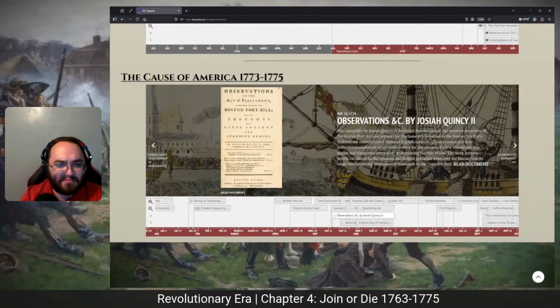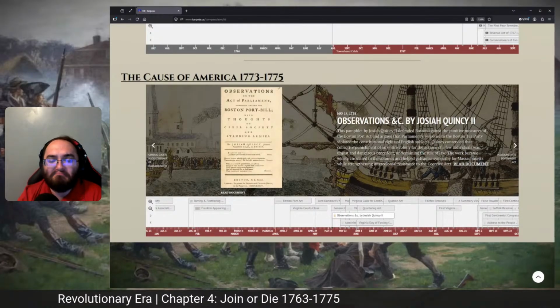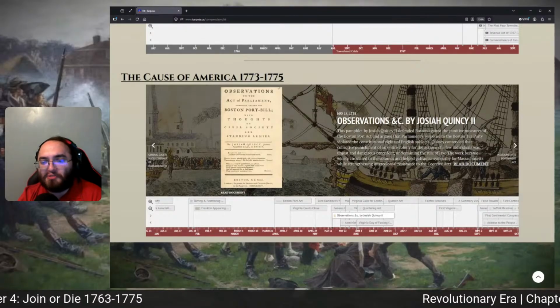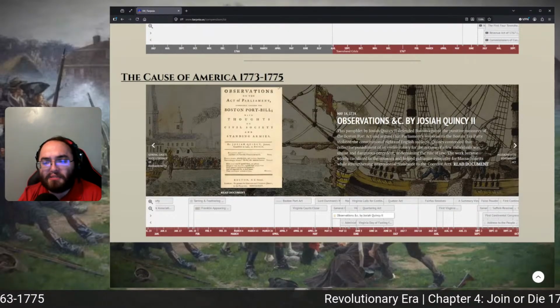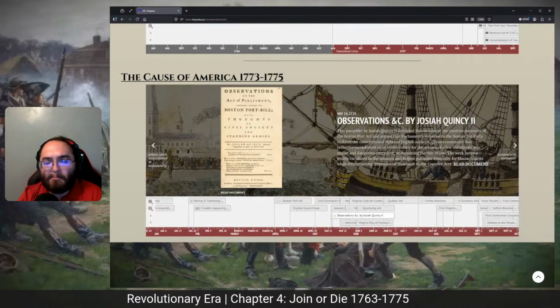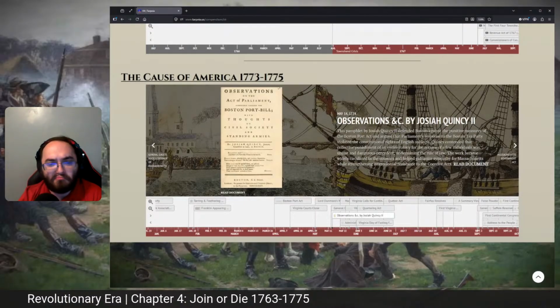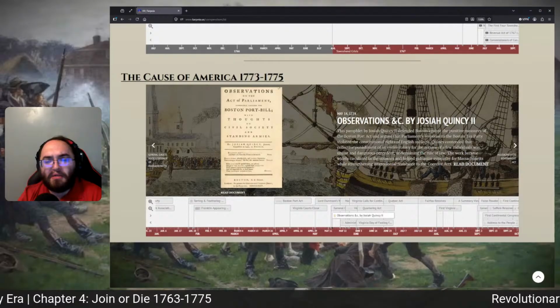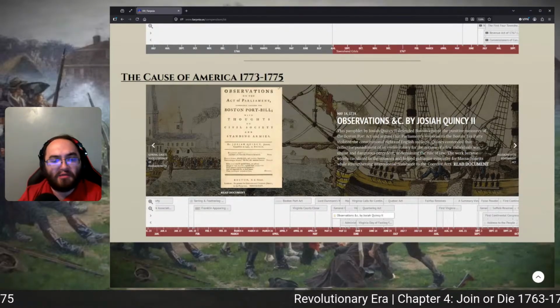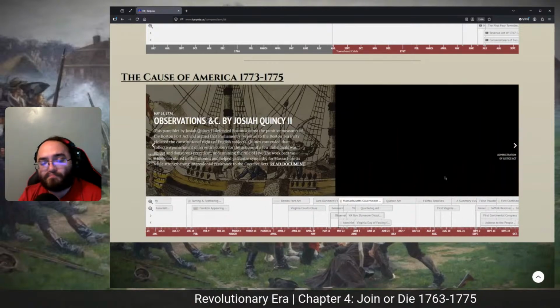At least that's a coincidence that I saw. So, we'll see if that's actually true. He defended Boston against the punitive measures of the Boston Port Act. And so, this is yet another political essay written by a patriot against, this time, the Boston Port Act.